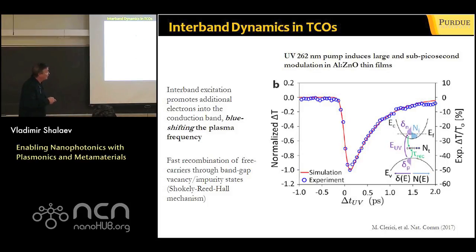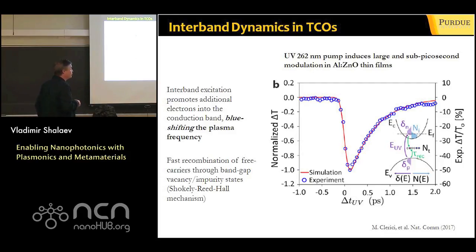Here, we looked at the time of this response by doing a pump-probe experiment, and we obtained something like 100 femtoseconds. It's a sub-picosecond response. Such a huge change in transmittance and reflectance occurring within such a short period of time is a holy grail for optical modulation, for switching.